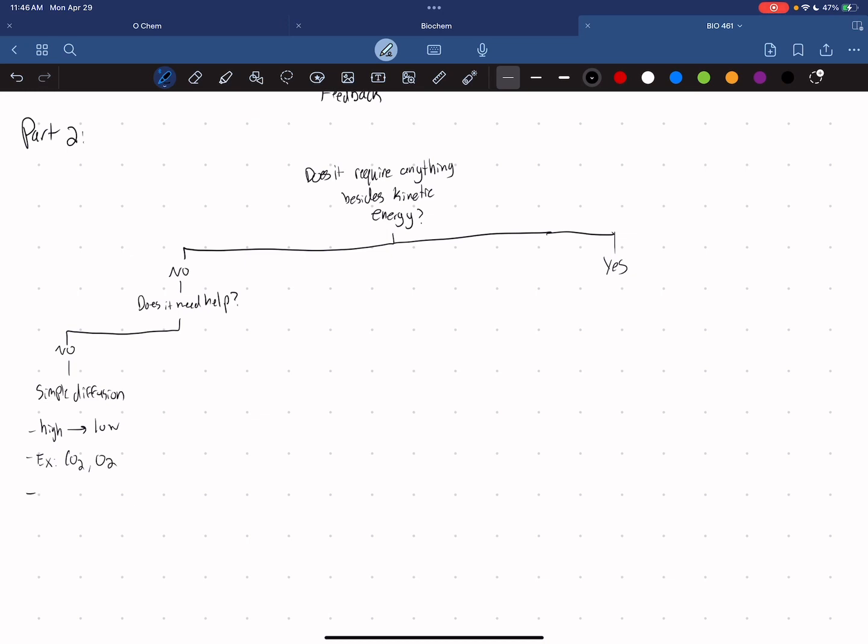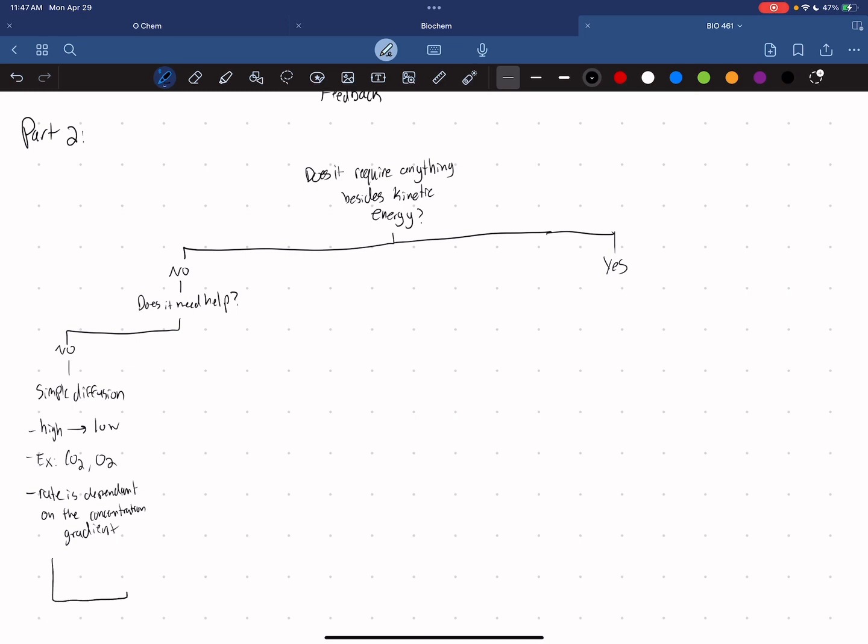The rate of this diffusion is dependent on the concentration gradient within the cell. These happen with small non-charged particles.